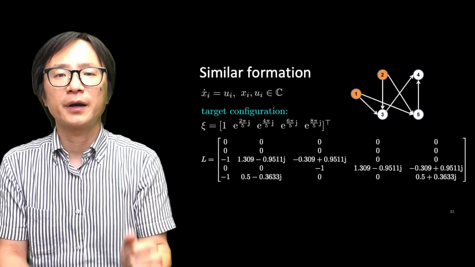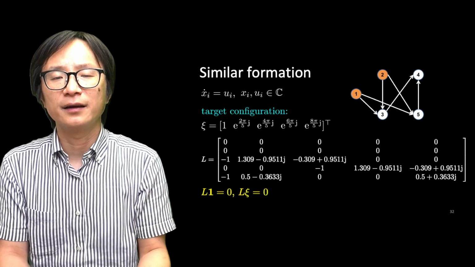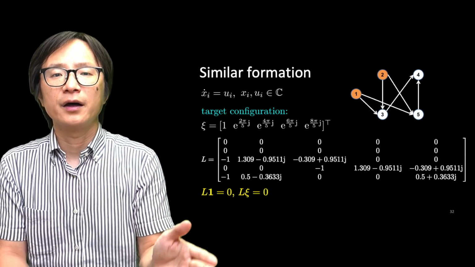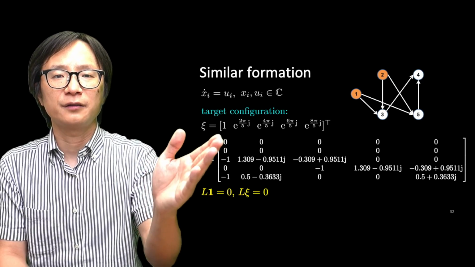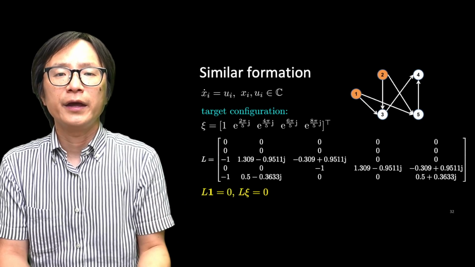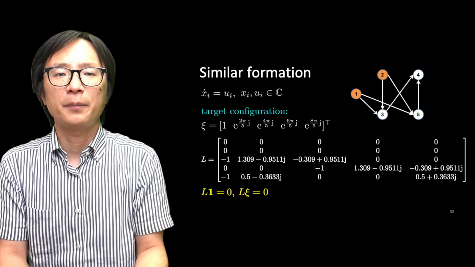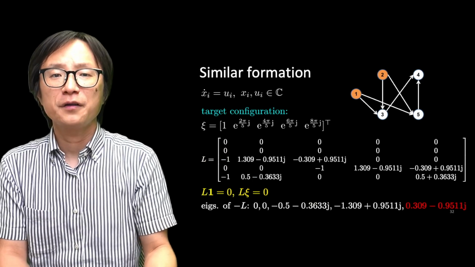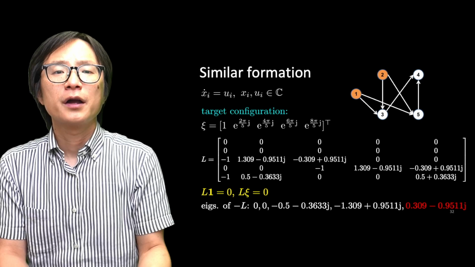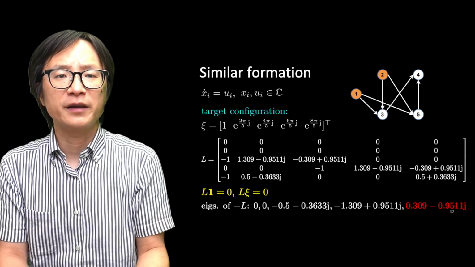And we can do the same for the rest of the nodes. The resulting complex Laplacian is this one. And we can verify that both the one vector and the target vector, in this case the regular pentagon, both lie in the kernel of this designed or computed complex Laplacian. However, the eigenvalues of minus L contain an unstable eigenvalue, the last one marked in red.